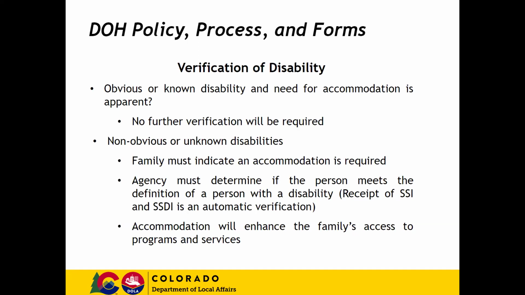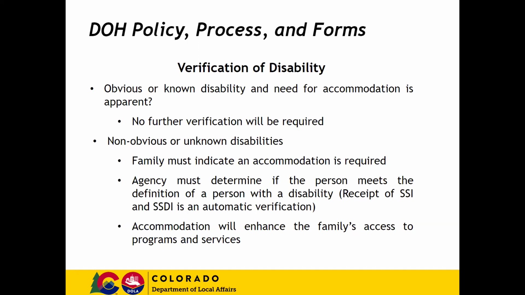And so that landlord or property manager doesn't need to put them through excessive paperwork to verify their need for that specific accommodation. So if something makes sense without requiring a ton of paperwork, then we don't need to continue to verify.